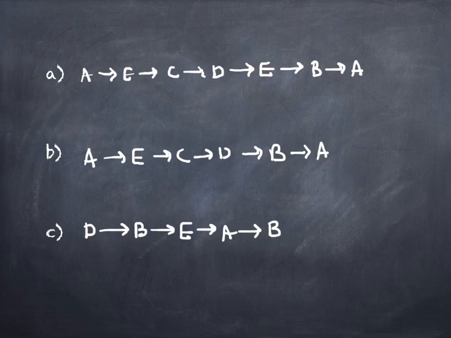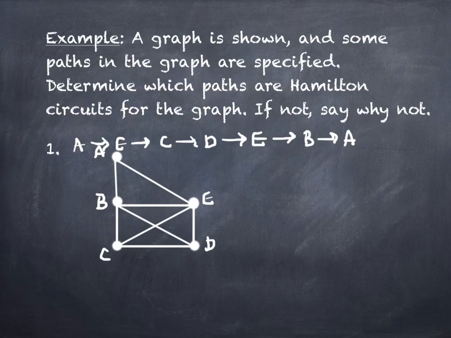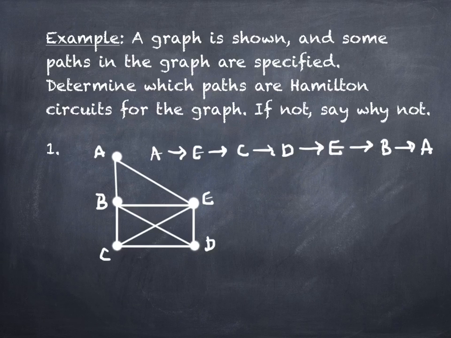So we're going to copy this and go back into my other slide. All right, so here's the one I want to try. I want to start at A, and I want to go to E. Is that okay? Yes. E to C okay? Yes. C to D okay? Yes. D to E okay? No. What's wrong? I hit E twice. I went to E twice, didn't I?